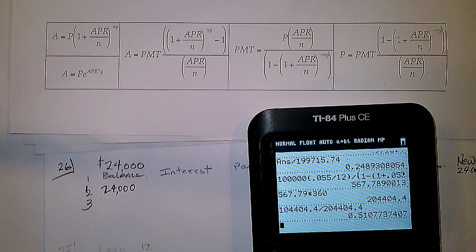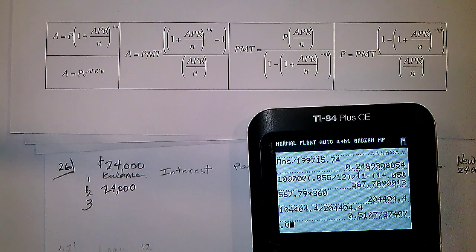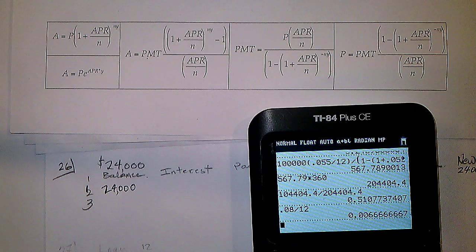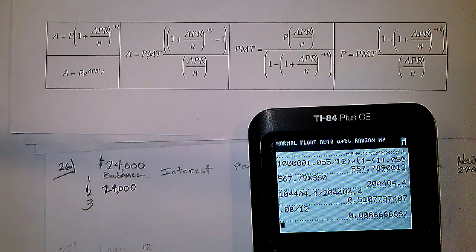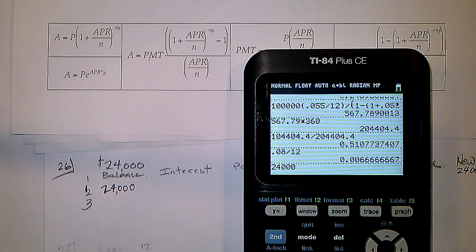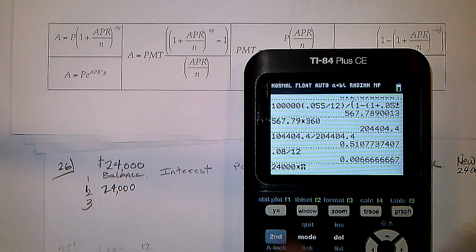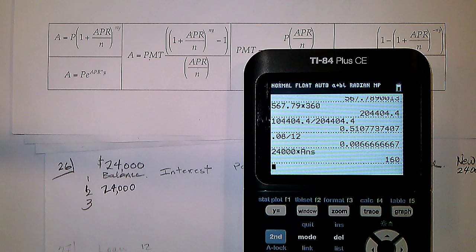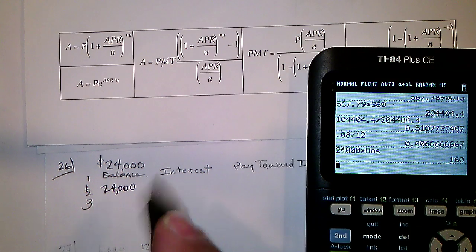So we have to take 8%, multiply by this, divided by 12, so we know how much interest there is in a month. So we're going to take 24,000 times that answer. And so the interest is $160.